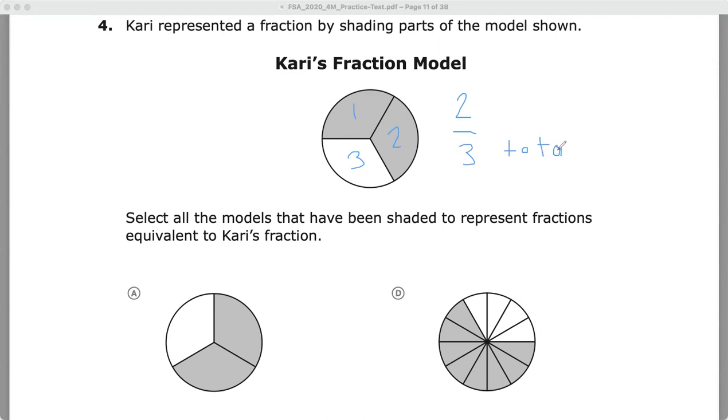I'm just going to put parts for the top because this is like a fraction. So part over total. So we're looking for equivalent things that equal 2/3.